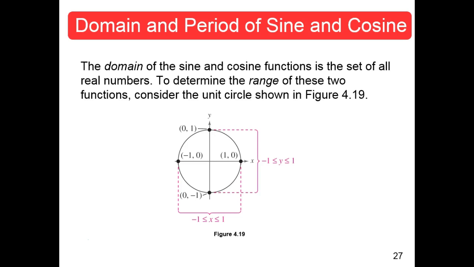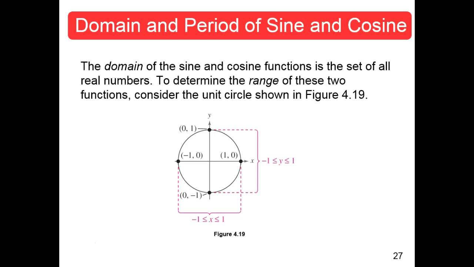And then the range for sine is going to be the y's, and the range for your cosine is going to be the x's, because cosine of t is equal to x, and sine of t is equal to y. So, don't be stuck on x, y as your domain and range. Think what's your independent variable. That's the t in both of these cases.